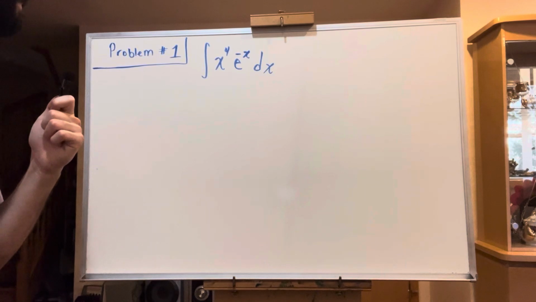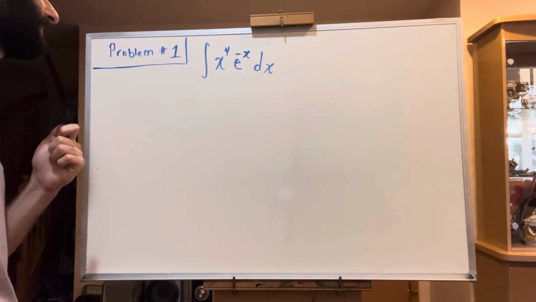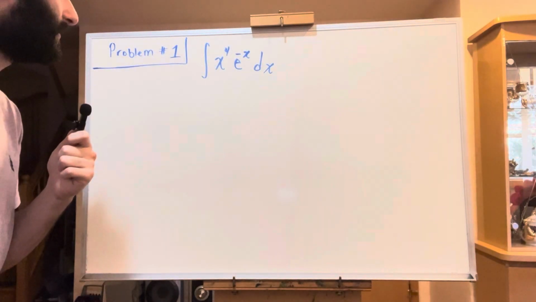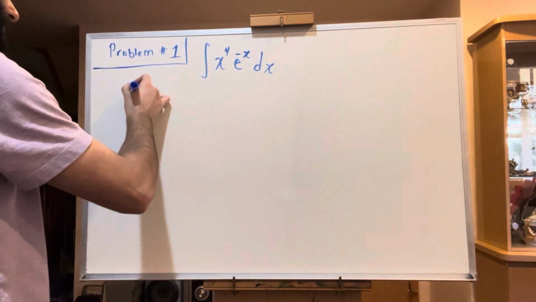Okay, our first problem. The integral of x to the fourth times e to the negative x. Well, we know we'll set u equal to x to the fourth, because it differentiates all the way to 0, so we use the DI method.